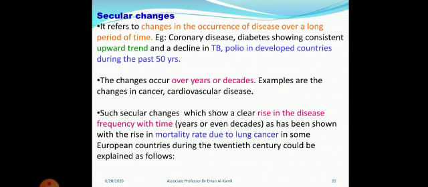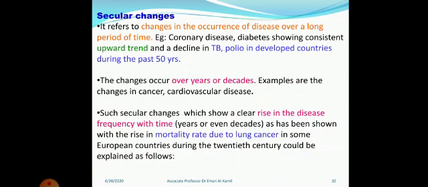Example of changes in cancer and cardiovascular disease. Cancer is increasing now compared with before. Such secular changes show a clear rise in disease frequency over years or even decades, as has been shown with the rise in mortality rate due to lung cancer in some European countries during the 20th century.